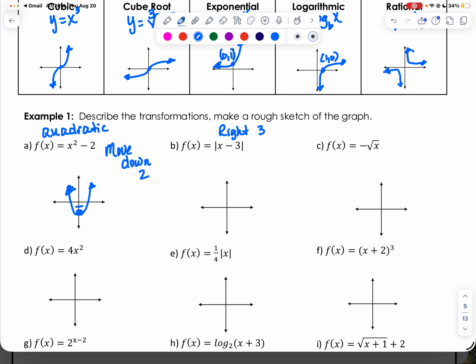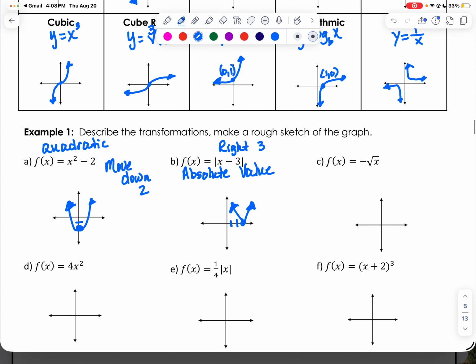So I want an absolute value or a V-shaped graph that's moved to the right 3. So put your dot here at 3 and make a V-shaped graph. Whoops, why did it turn into a U? I want this to be a V-shaped graph because it's absolute value. In fact, let's write that down just to help us remember these shapes. Absolute value.